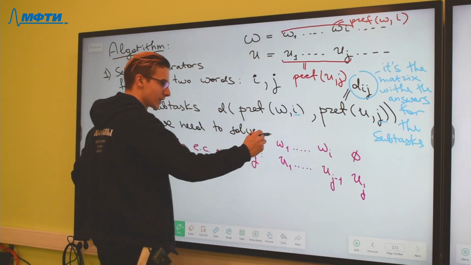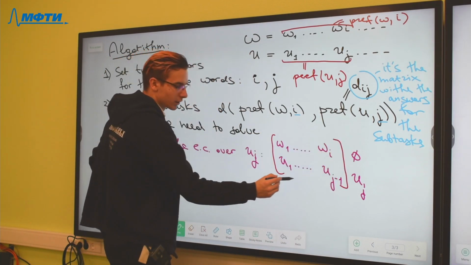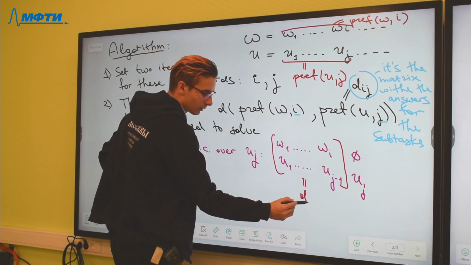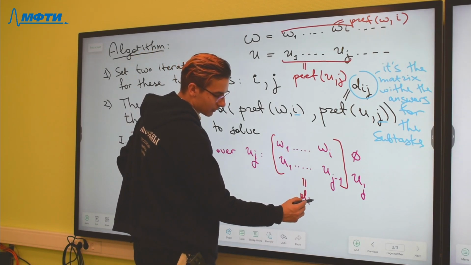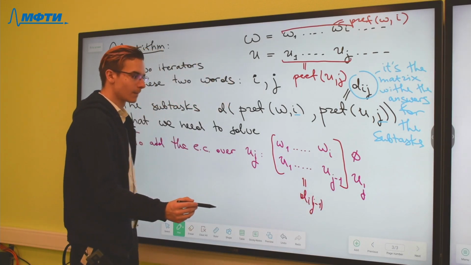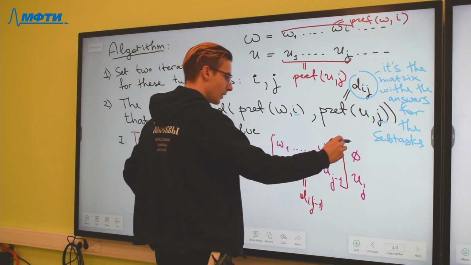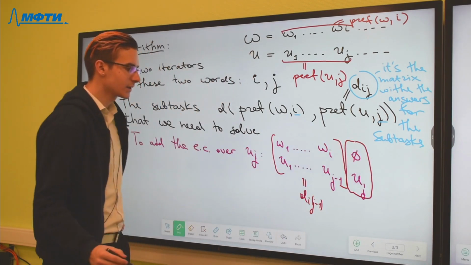So we say that the distance between these two words is equal to D with indices E and G minus 1, and one more place where they're different.